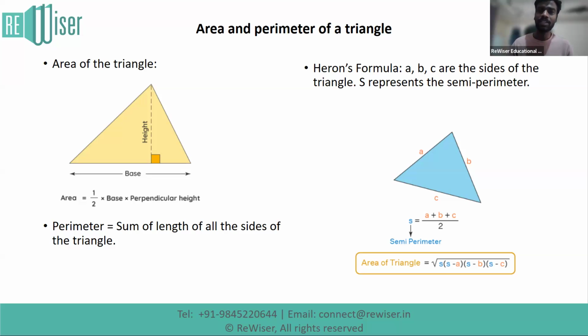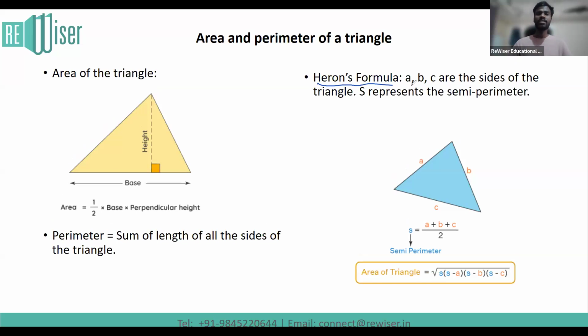Now there is something known as Heron's formula, for whenever we know all three sides. Even if it's not an equilateral or isosceles triangle, just by knowing all three sides, we can figure out the area of that triangle.